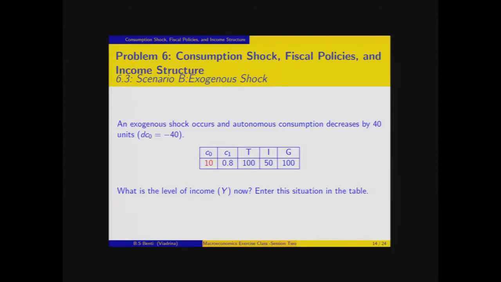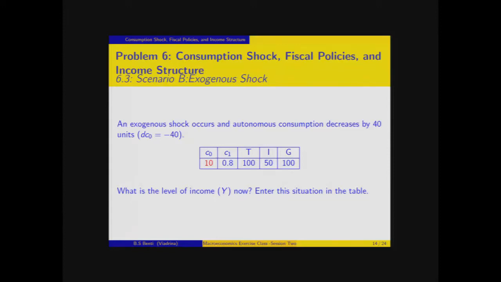Now we have a second scenario, or scenario B, which is given to us in the table, and the exogenous shock which occurred in scenario B would decrease our autonomous consumption by 40 units. So this is to say our initial autonomous consumption was 50 units, but now it is 10 units.